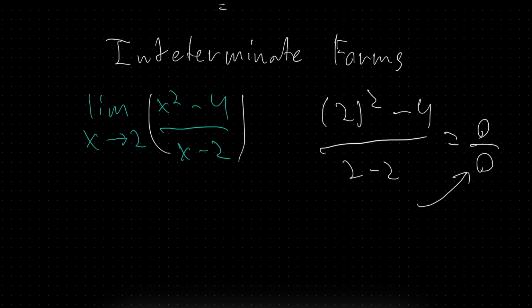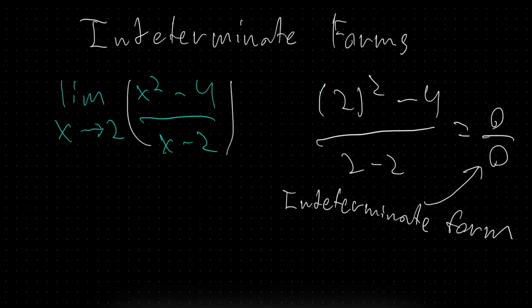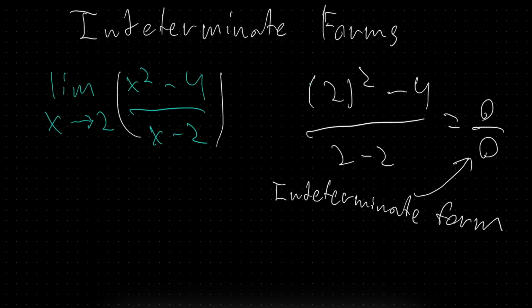This, in particular, we often describe as something called an indeterminate form. This usually means that there's some other trick that you can pull out of your calculus toolbook to try something else. There are also other indeterminate forms such as infinity over infinity, which we'll get into later.